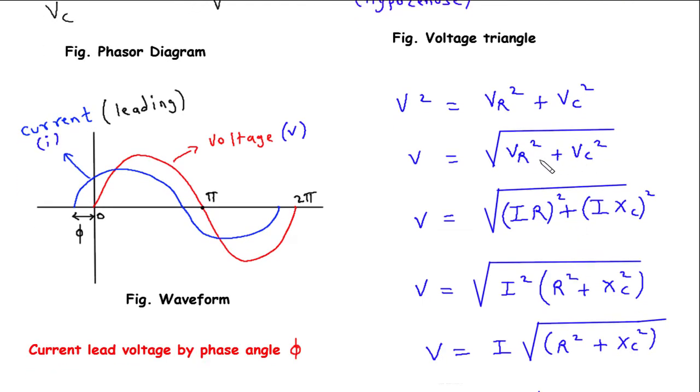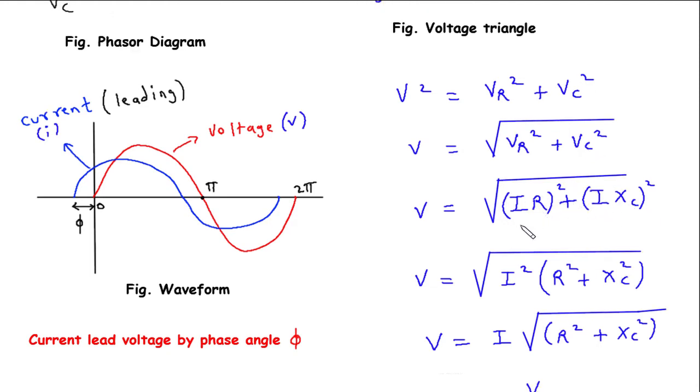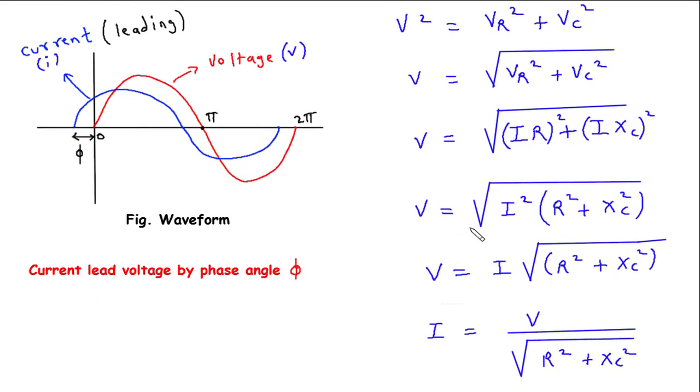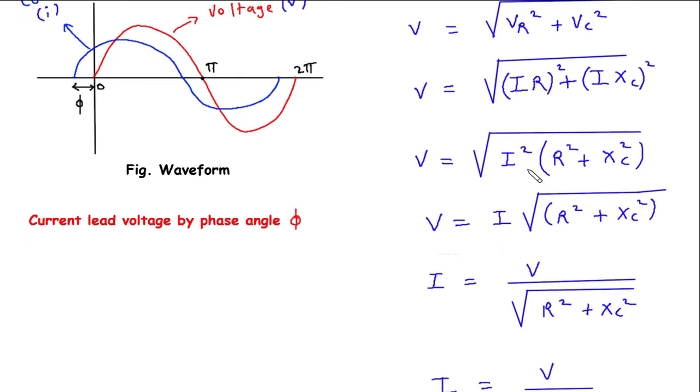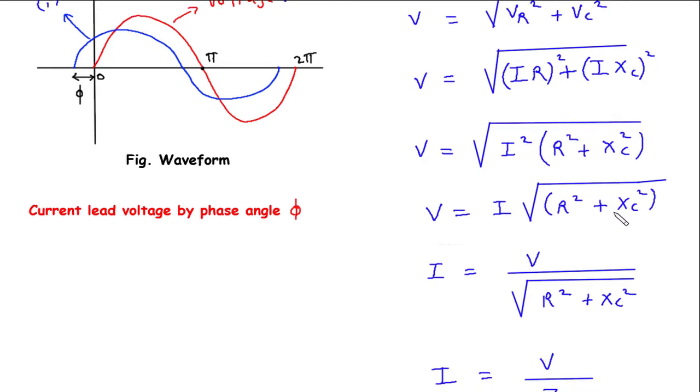Now VR is equal to I into R, and VC is equal to I into XC. From this we can take I square common, so V is equal to under root of I square in bracket R square plus XC square. Now we can take this I square outside of the under root, so V is equal to I into under root of R square plus XC square.